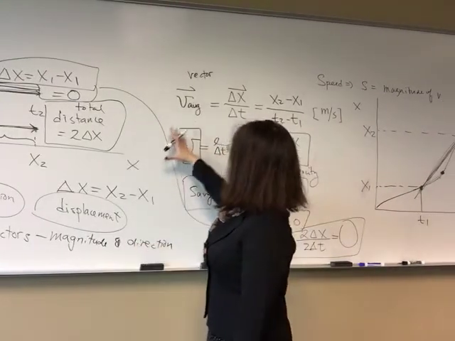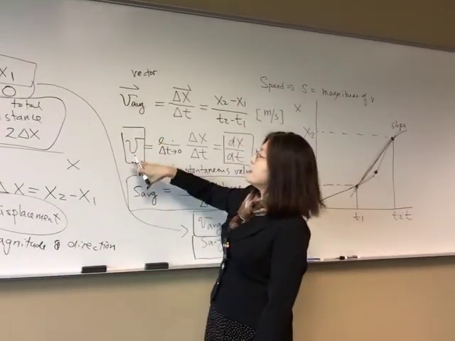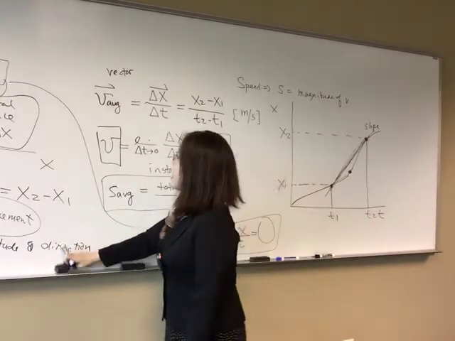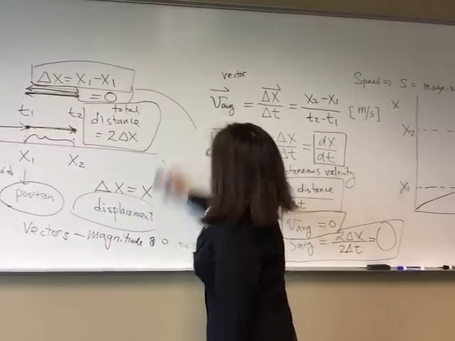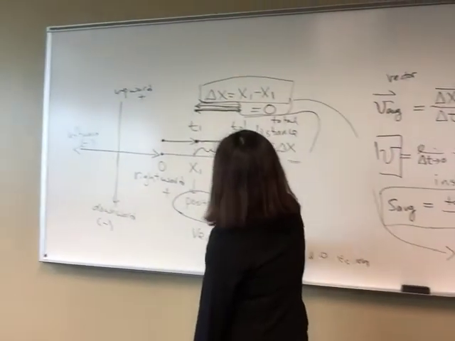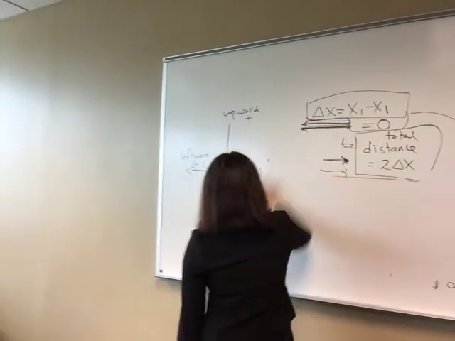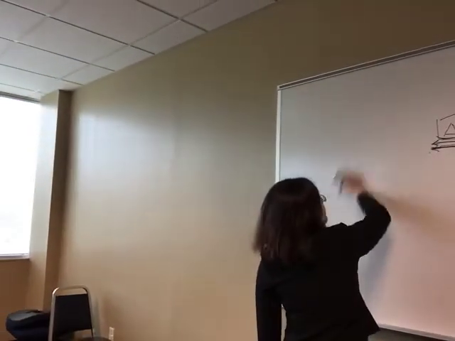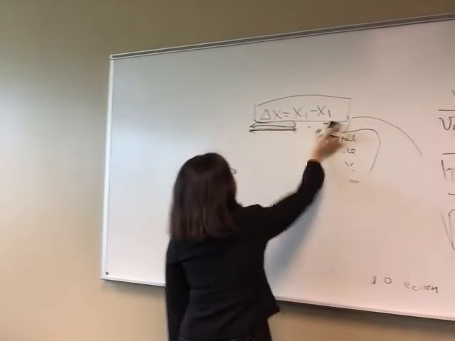Just like velocity, we have the instantaneous acceleration, and we also have the average acceleration. So how do we define that? Let me erase this. The average acceleration is defined as this.